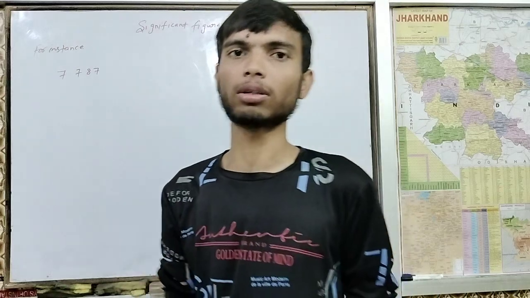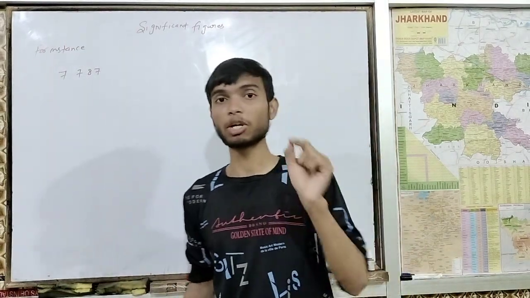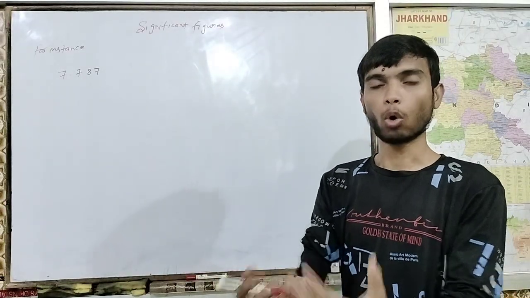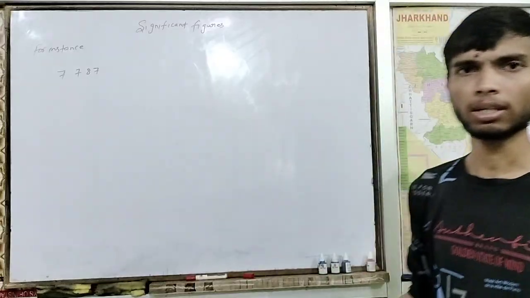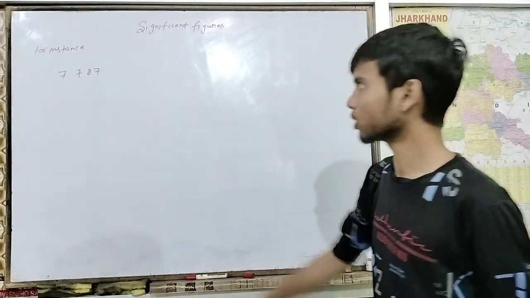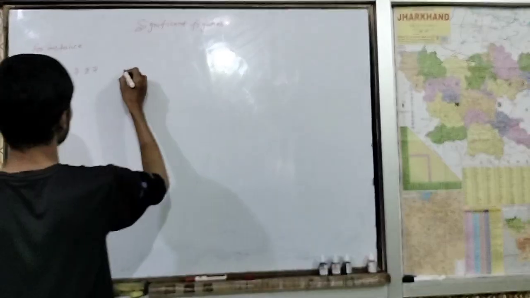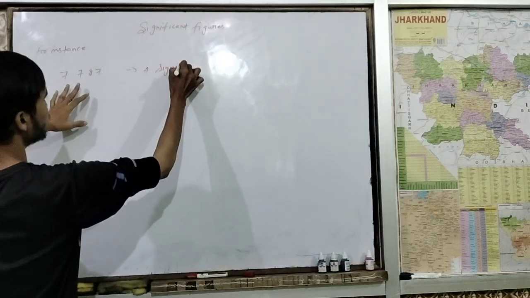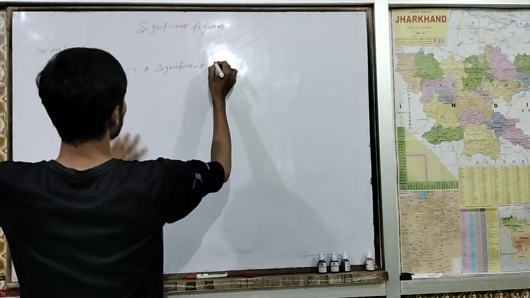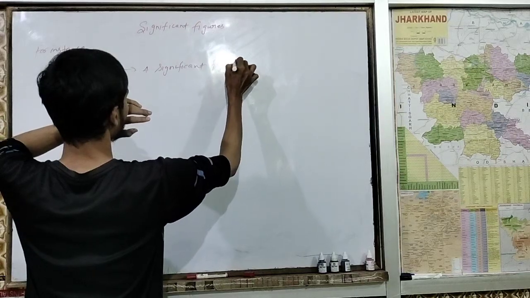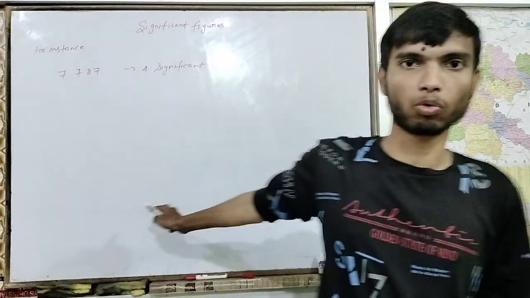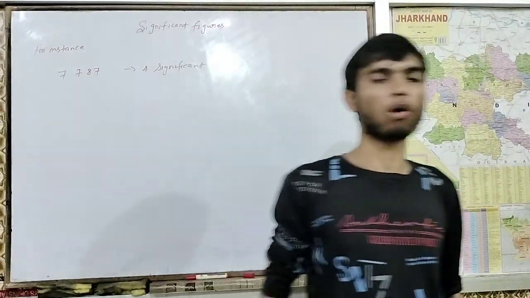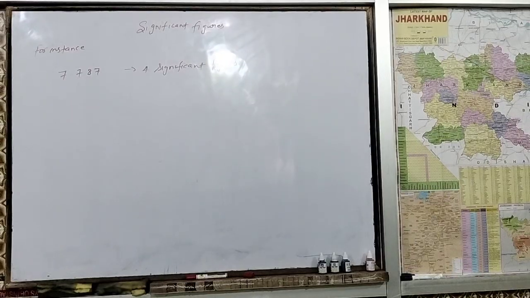Here 7 is not 0, it is non-zero, so it will be counted as significant. In this number all the digits are non-zero, so we have 4 significant figures. Clear? This was one rule.